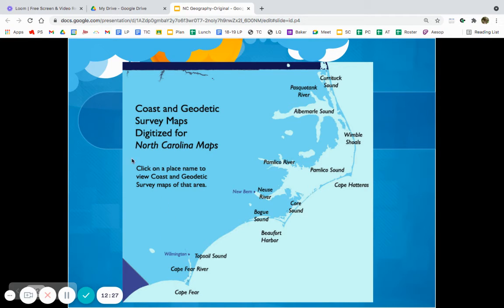Only this map doesn't show it up through here, but it does go up through here. And so if you were to get on that river in Lillington, and you were to take a boat and sail down, eventually in about a week, you would end up down in this area. And if you kept sailing forward, you would actually go all the way out into the Atlantic Ocean. And so that's where Cape Fear River gets its name from. It was named after the cape, the land that juts out in the water off the coast of North Carolina called Cape Fear.